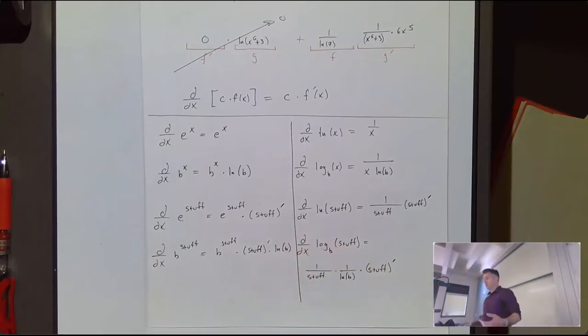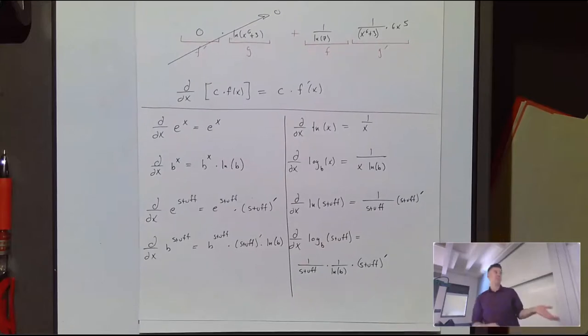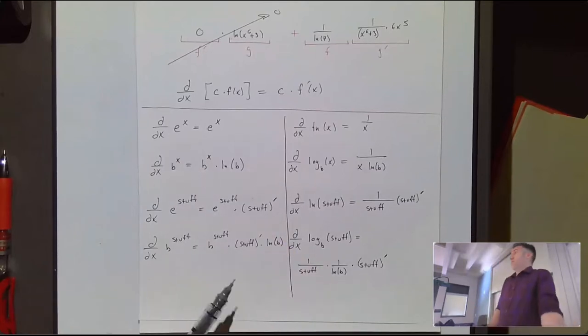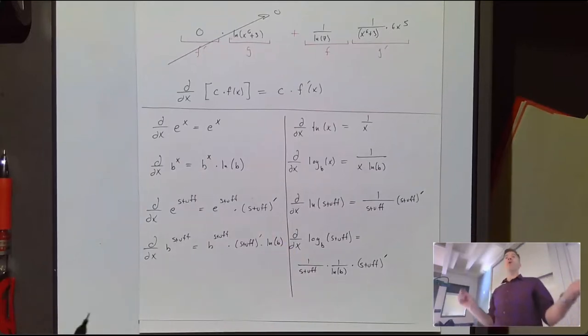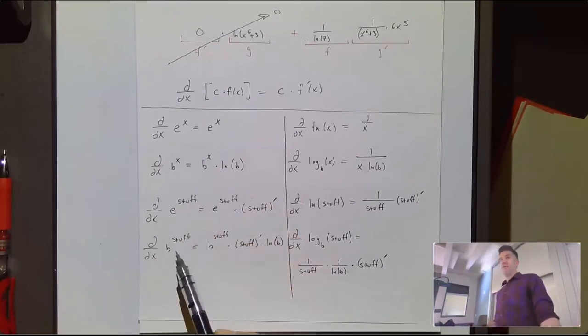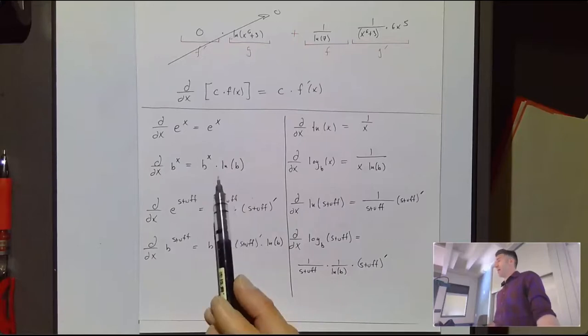And what I have noticed over the years is that essentially, if you have an exponential thing with a different base, you end up multiplying by the natural log of that base. So if I have b to the x or b to the stuff, I take the derivative, I end up multiplying by the natural log of b.